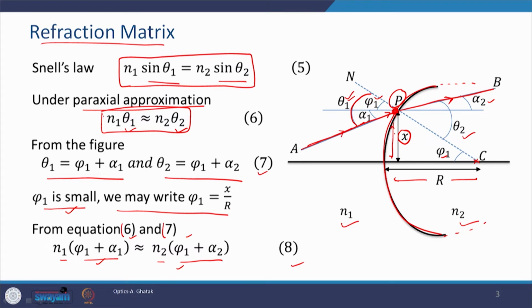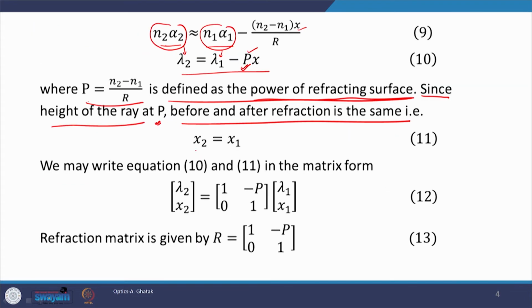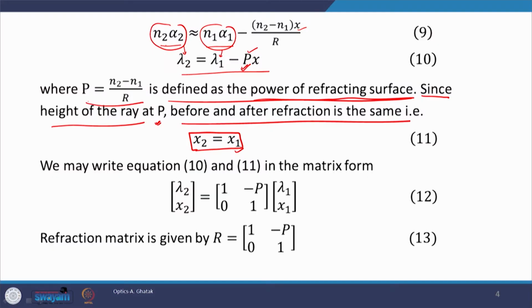Therefore, we can write that x2 is equal to x1. x2 and x1 represent the height of the ray from the axis right after refraction and right before refraction. Since refraction is happening at point P, x2 and x1 would be equal, because the height of the point P is fixed, which is equal to x.